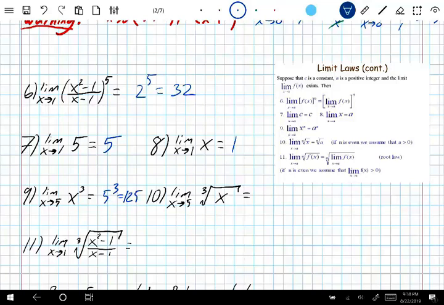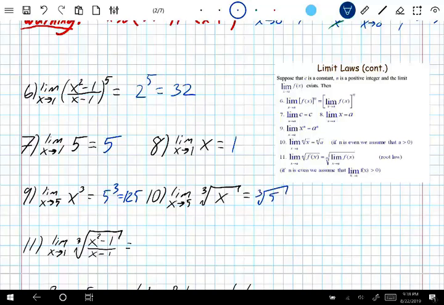Same with cubes, squares, other roots. I'm allowed to just plug them in so long as I'm going to a positive number for even roots. I don't want to accidentally take a square root of a negative number. So this one really is just the cube root of 5. Man, that's nice.